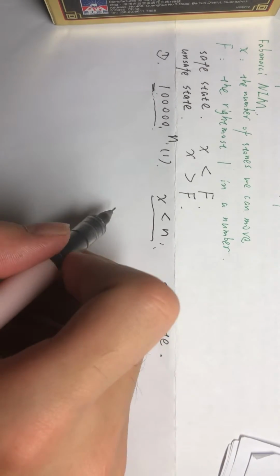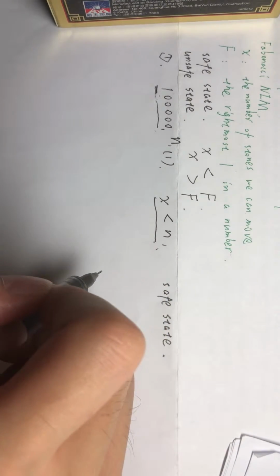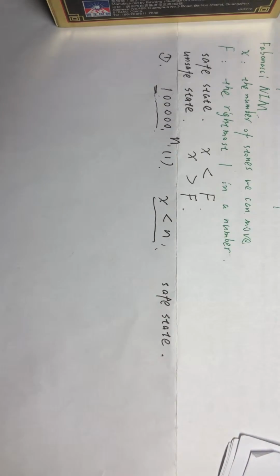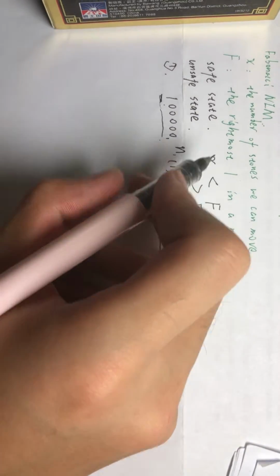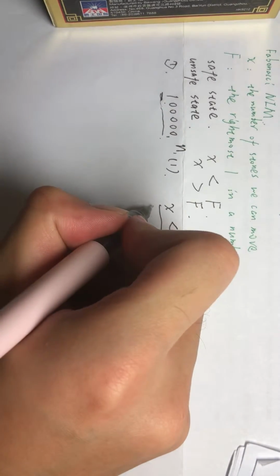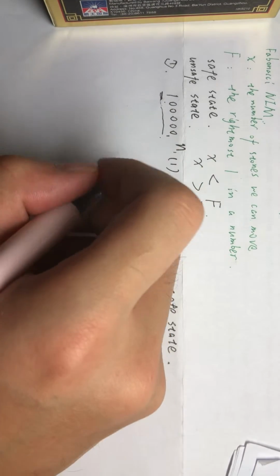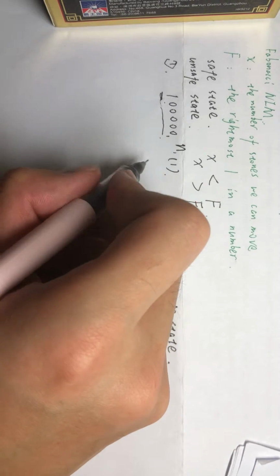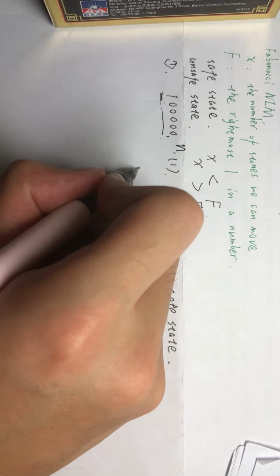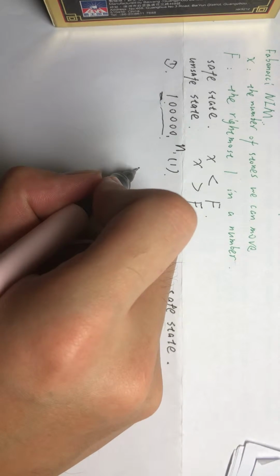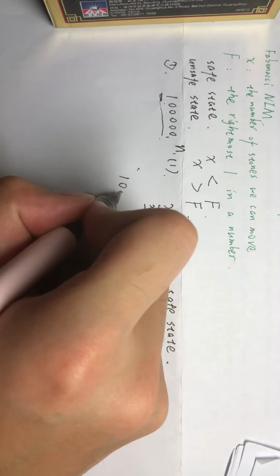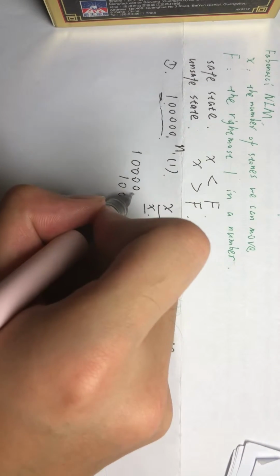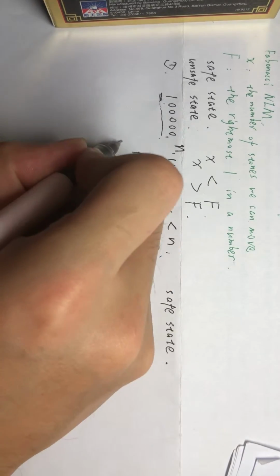At this time, any move action will make it unsafe. For example, our move should be x, and we can write this like a subtraction. 1000, 100, 00.